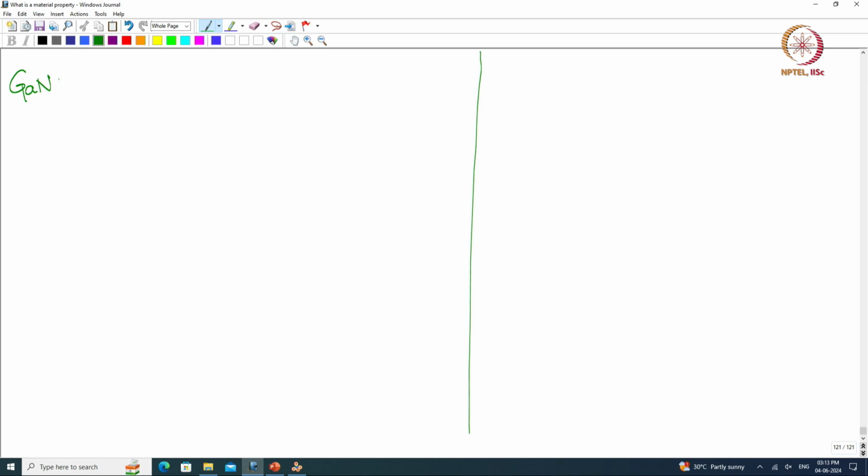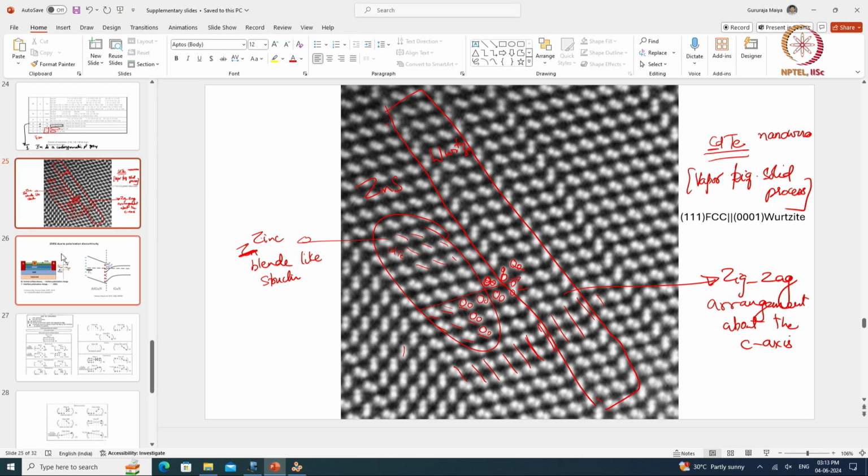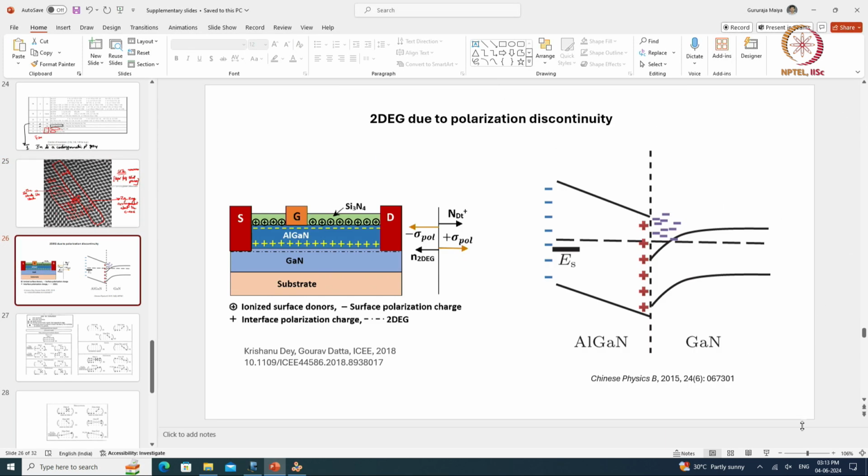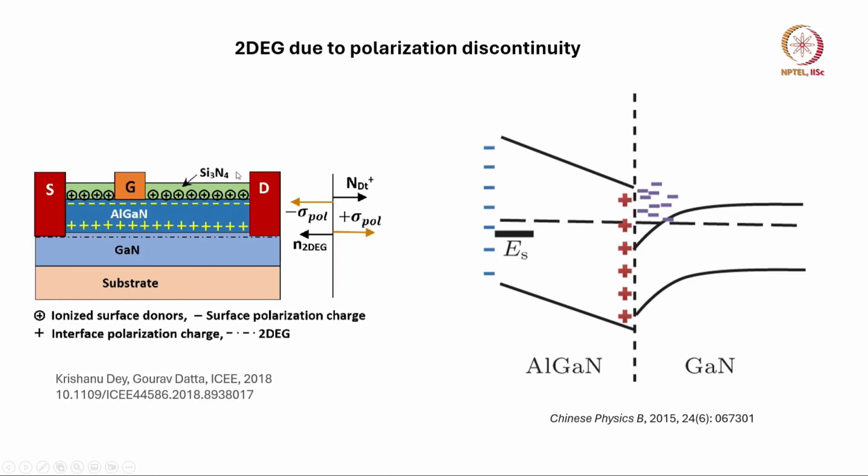Now what people do is they grow structures such as this. So here you have gallium nitride, a very epitaxial sample of gallium nitride, just like what I said right now. And this is what is called aluminum gallium nitride.